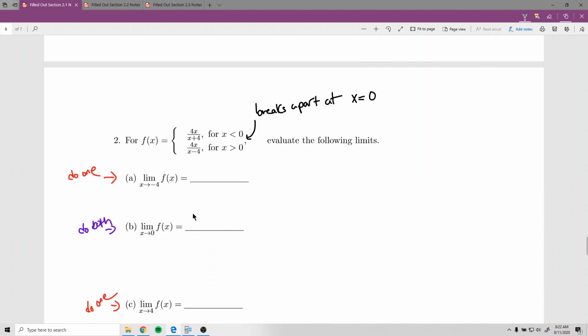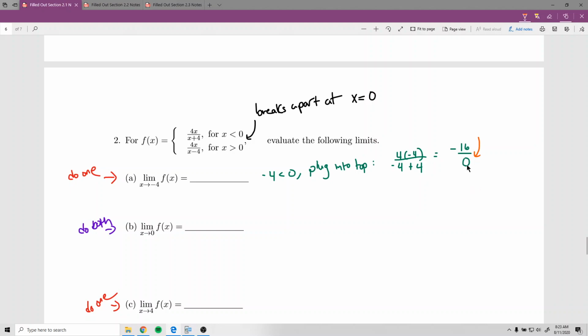All right, so for part A, we want the limit as x goes to -4 of f of x. -4 is less than 0, so we want to plug into the top. We got 4 times -4 over -4 plus 4. 4 times -4 is -16, and -4 plus 4 is 0. Here's something that's new: we got 0 on the bottom.